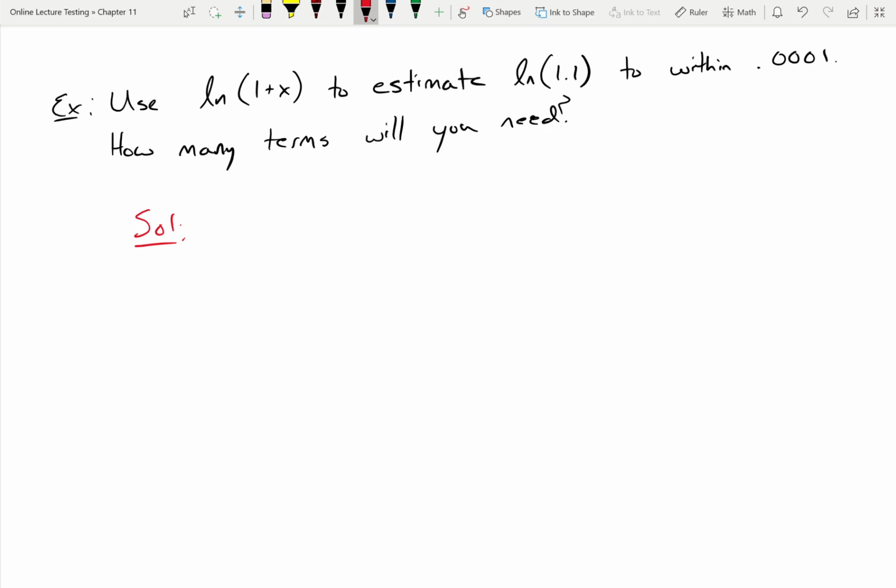All right. So the natural log of 1 plus x, which we have found before, is the series as n goes from 1 to infinity of -1 to the n minus 1, x to the n over n. And here our radius of convergence is 1.